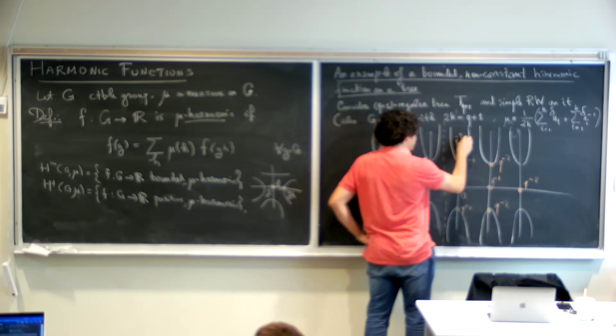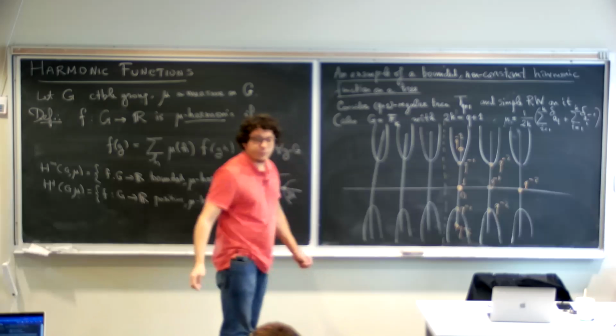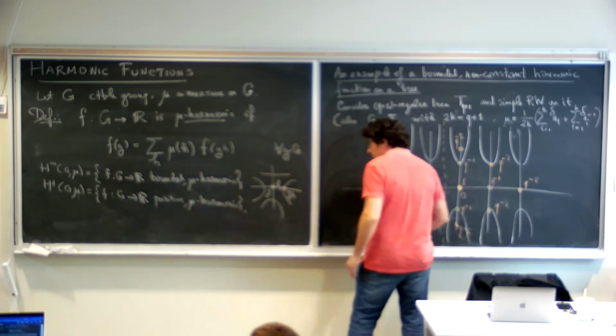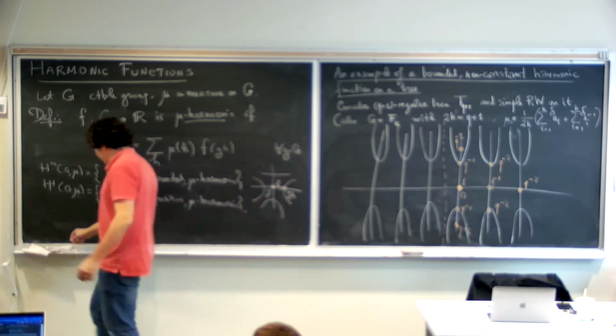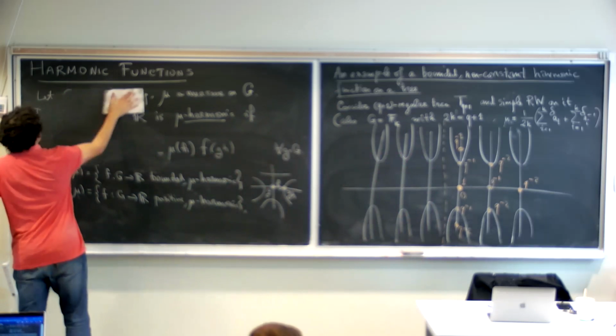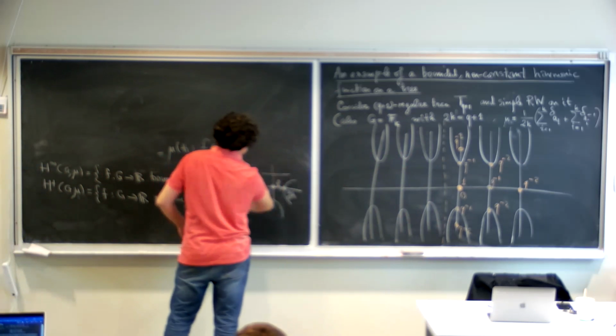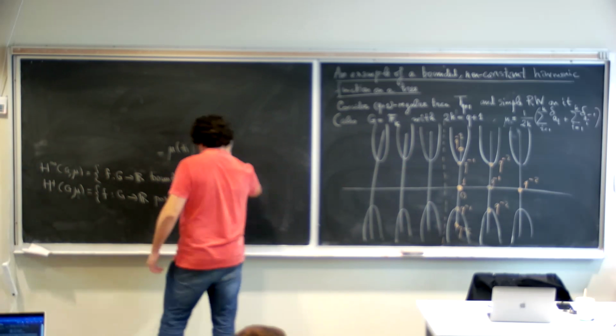So the first claim is this function is harmonic on the right-hand side. So for every node that is to the right of this bisector, we get the harmonic condition.